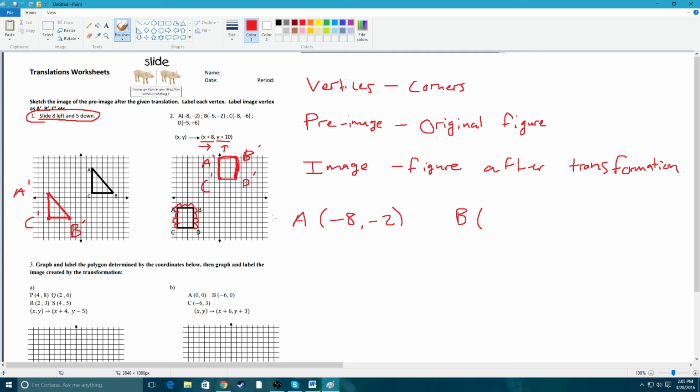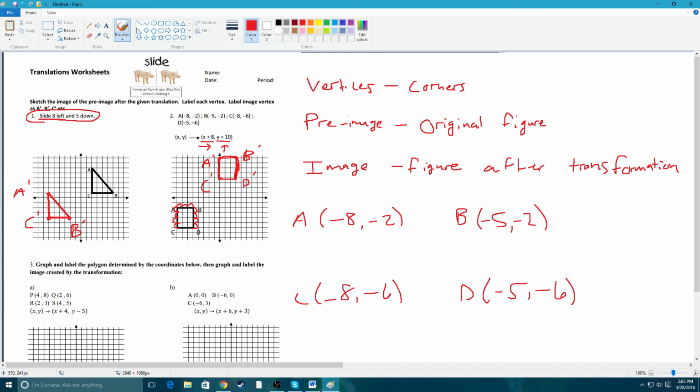B is located at negative 5, negative 2. C is located at negative 8, negative 6. And D is at negative 5, negative 6.